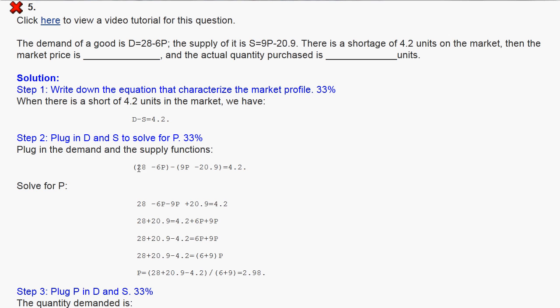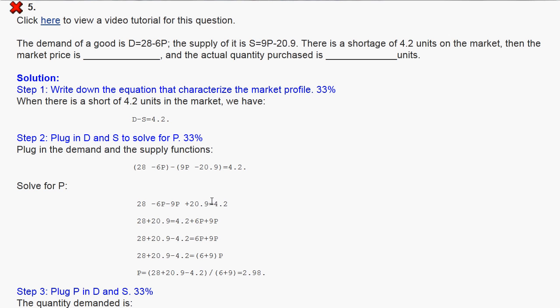Well, it's easy to do this one. It's just still 28 minus 6p. Here this becomes negative 9p, but for this one, it becomes positive 20.9. That's important. That's why I ask you to do it in 2 steps. First, plug in the functions and then take off the parentheses.